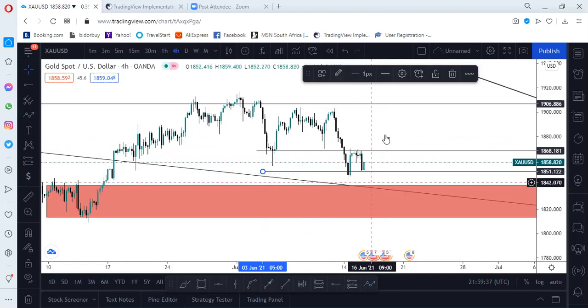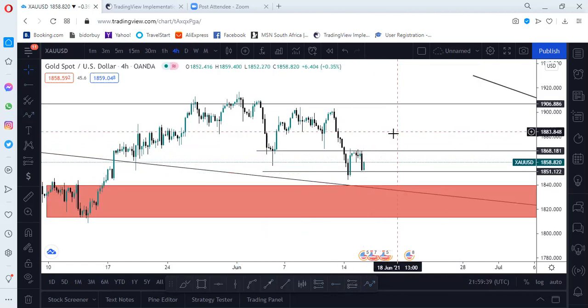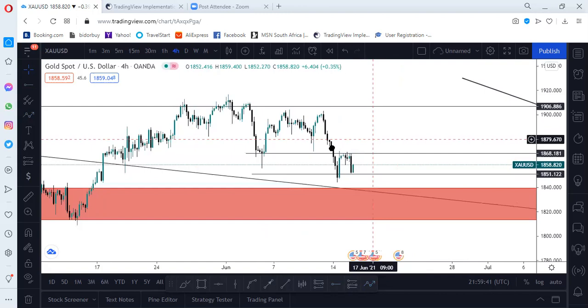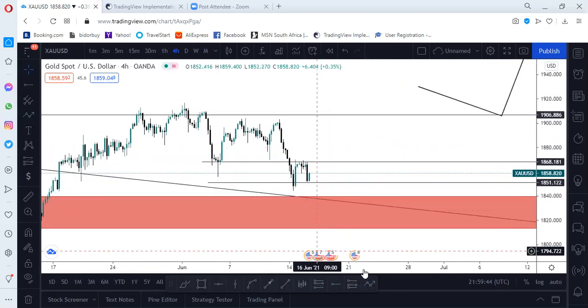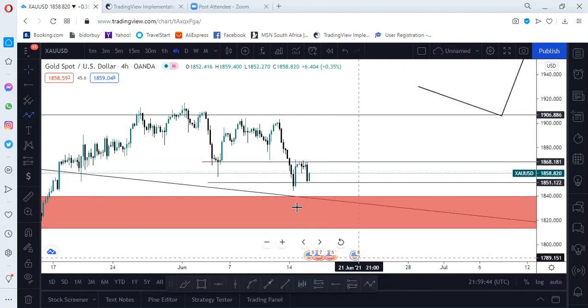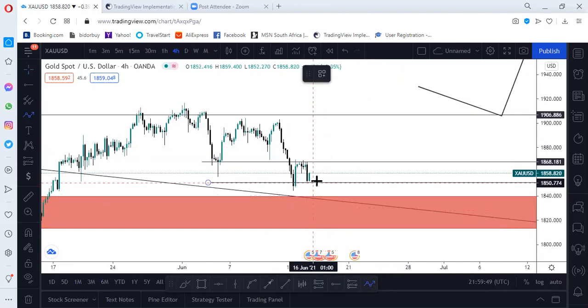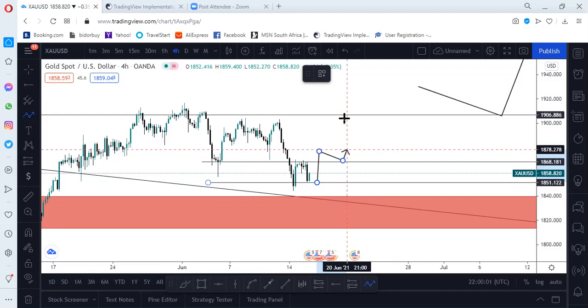So what I'll be expecting from gold from now on, I'll be patiently waiting for opportunities to go long. Either we crash this level of support here, retest it, I'll enter long until this target.